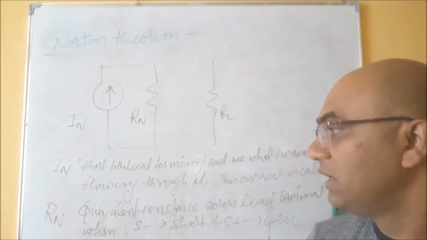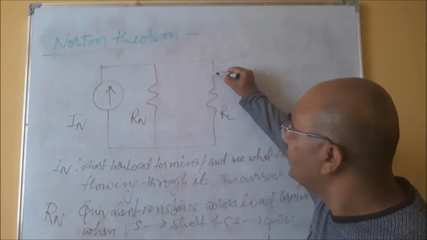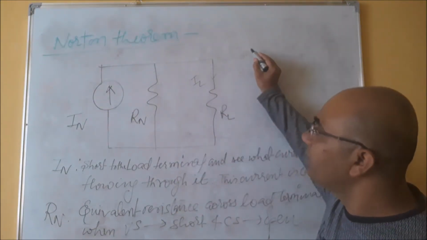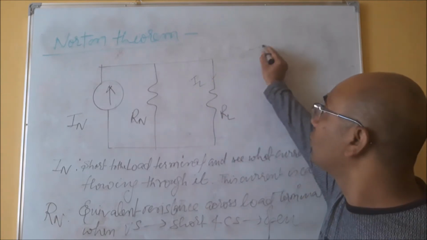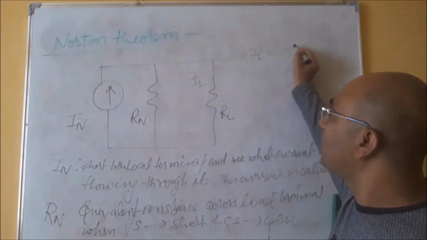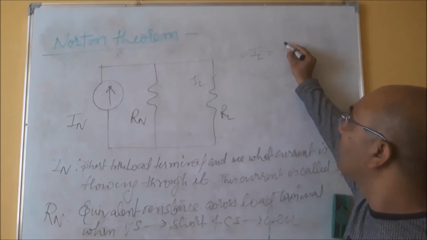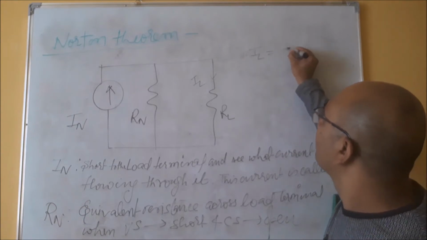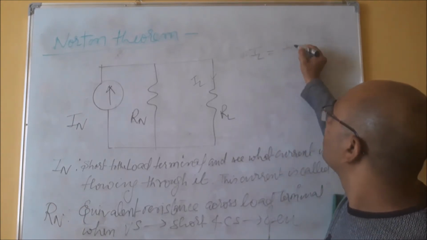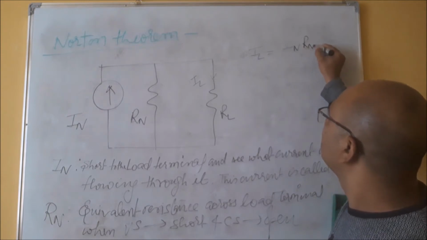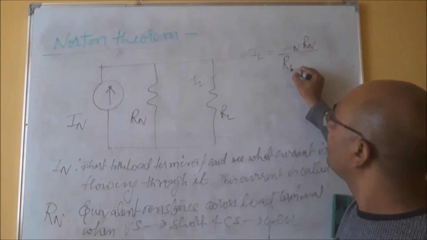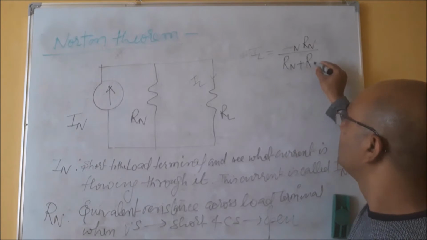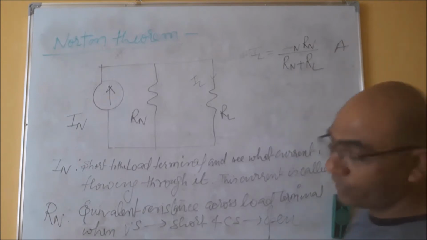So let's see what will be the current IL in this load terminal through this Norton theorem. The formula is IL equals IN times RN upon RN plus RL amperes.